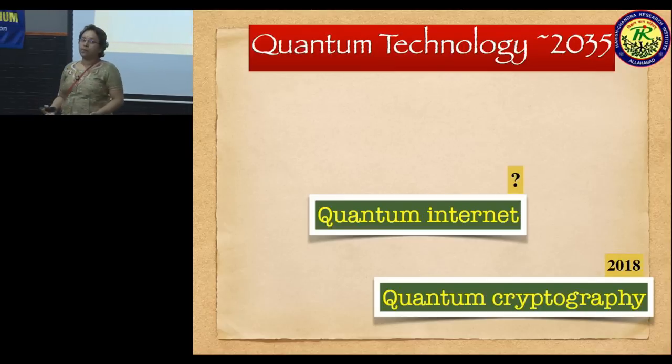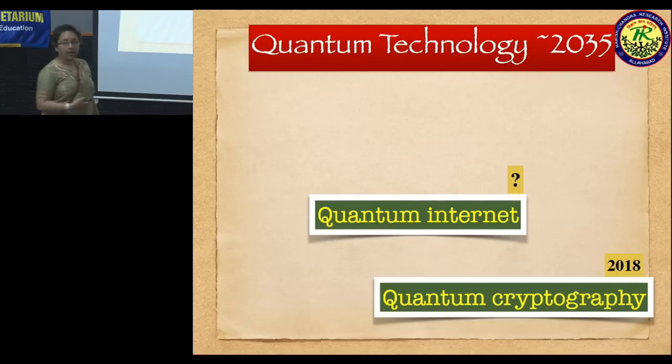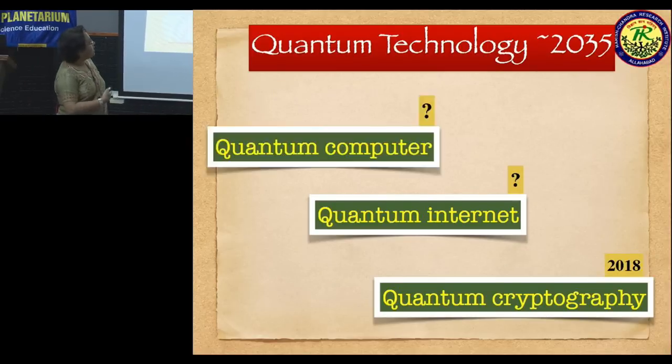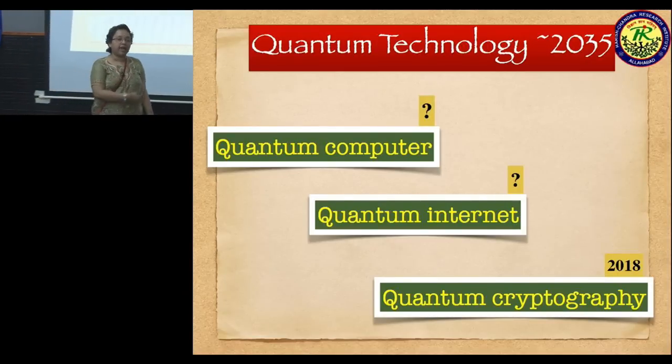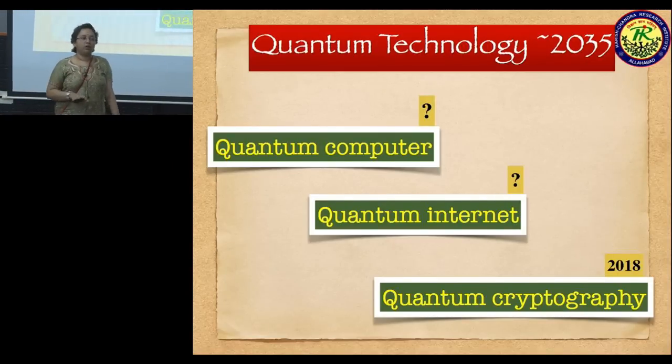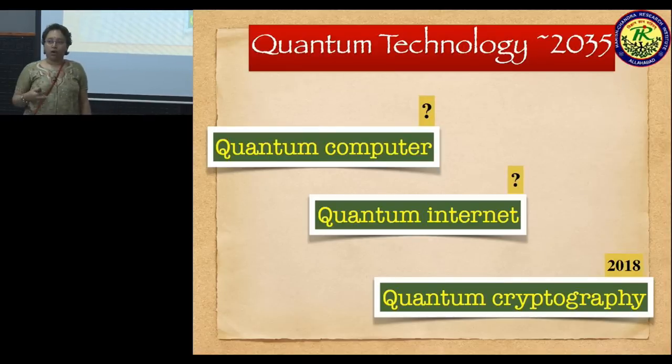By using quantum mechanics, can we do that? This is one of the aims we are trying. And probably the last one is to build the quantum computer. This is very challenging, but there are a lot of efforts going on around the world where people are trying to build a quantum computer.